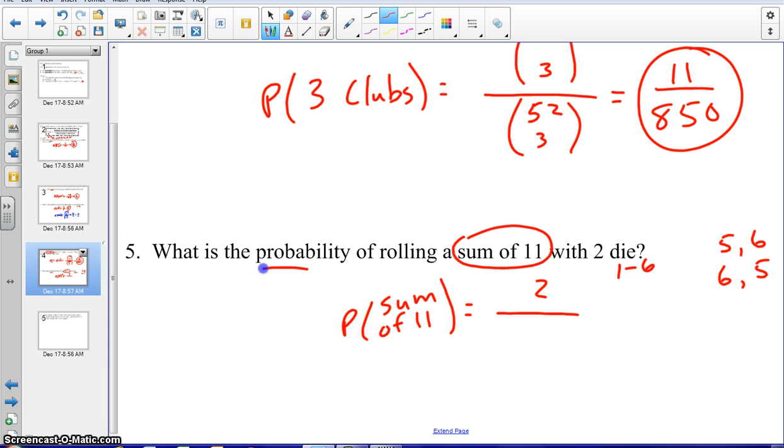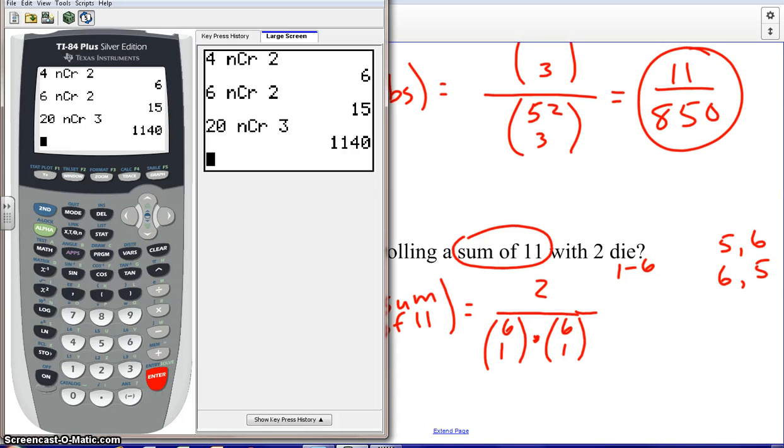And again, we're rolling 2 here, so we have to think about combinations in the denominator. We have 6 sides on one die, and we're getting 1 selection, so 6 choose 1, times 6 choose 1 again. And again, by our fundamental counting principle, we would multiply those together. So let's go ahead and plug that into our calculator for the time being.